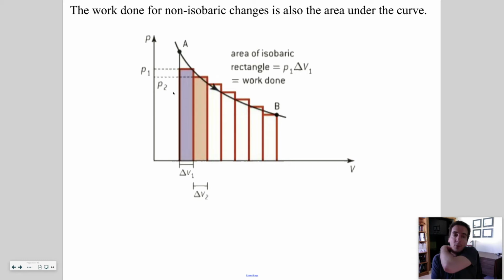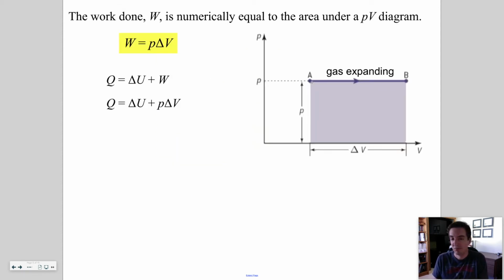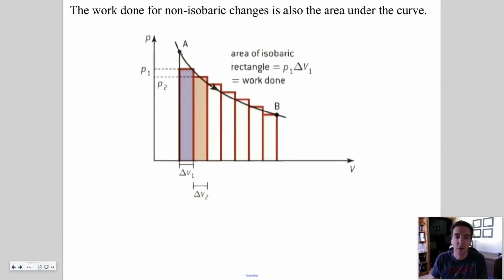The work done for non-isobaric changes is also the area under the curve. It doesn't really matter if the pressure stays the same. Here we just made the pressure stay the same because it's easy to find the area under that shape. We've got a rectangle. But let's say you've got a change where you go from here to there. This is an example of a change at a constant temperature. If the pressure stays the same, that's called isobaric.